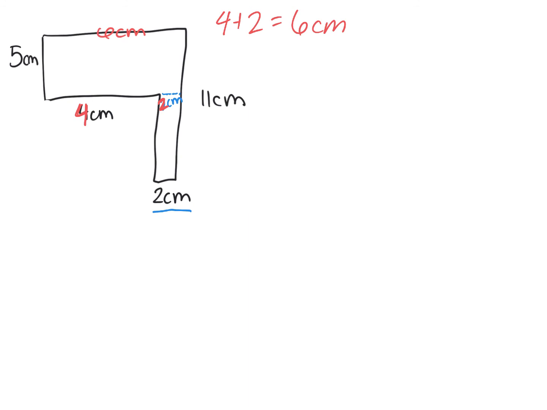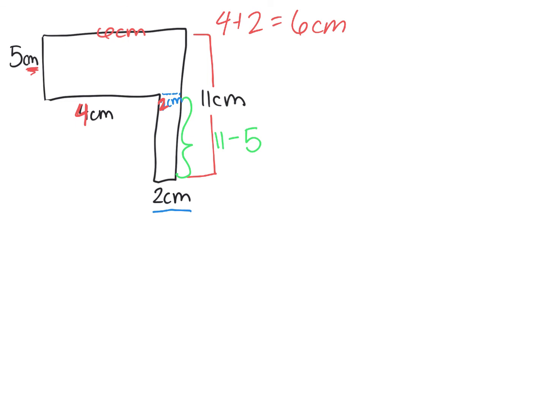Now I can see that I have a 5 centimeter over here on the left, and on my right, my entire length is 11 centimeters. But I just need to find this section here. I'm going to write it in green, just that section. So in order to find that section, I'm going to take 11 minus 5.